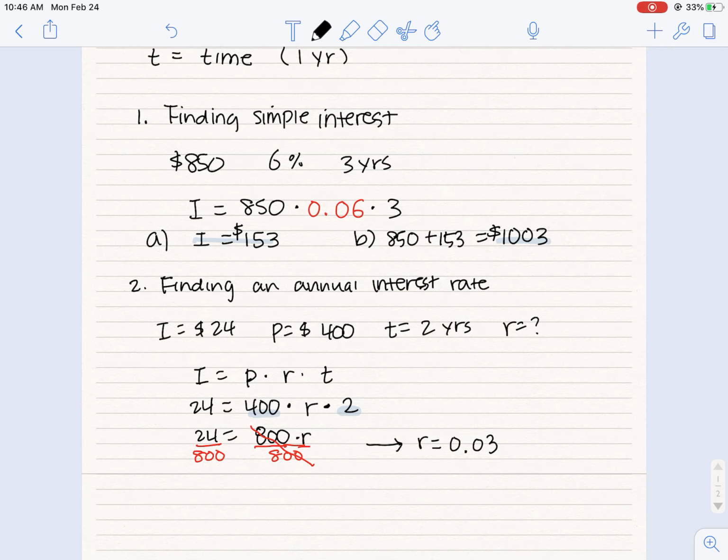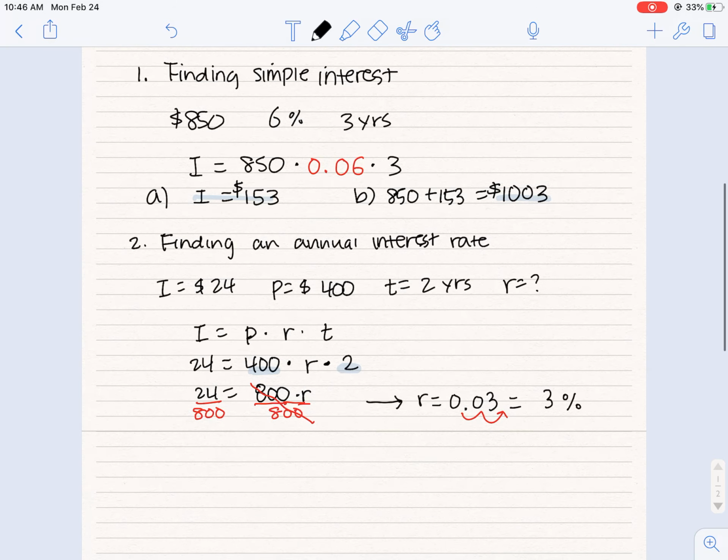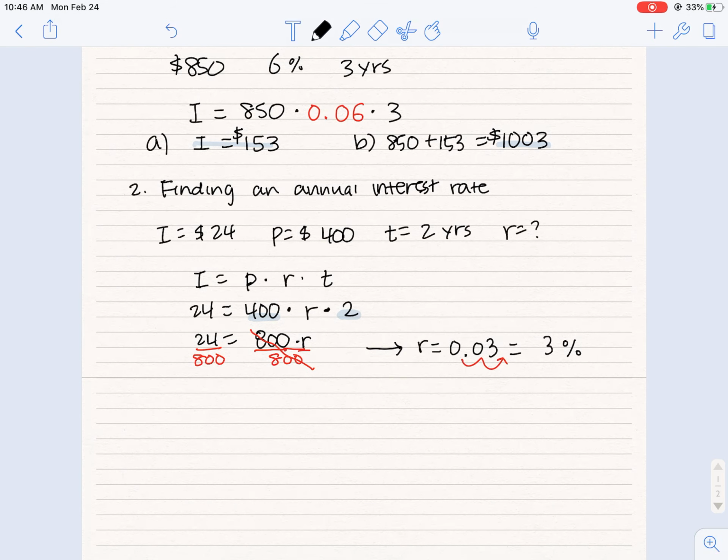However, when you're writing the rates, we are not going to leave it as 0.03. We have to change it back into a percentage, which is going to be 3%, because you move 2 decimals to the right. Okay, so for this answer, it's going to be a 3% annual interest rate, which is not that big, but oftentimes you'll find it as a small increase.